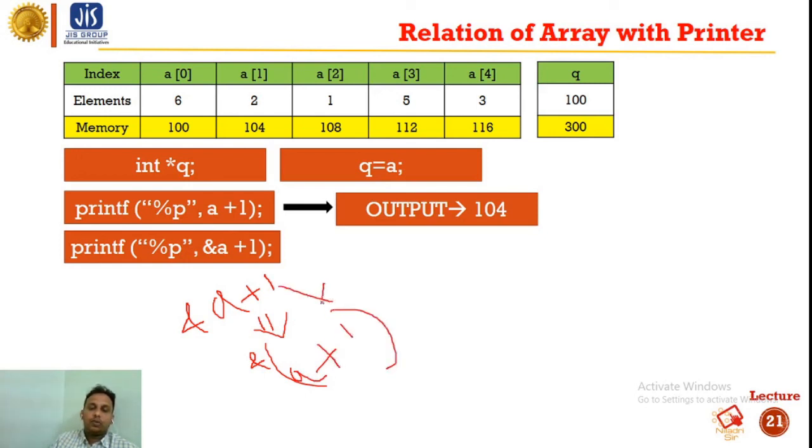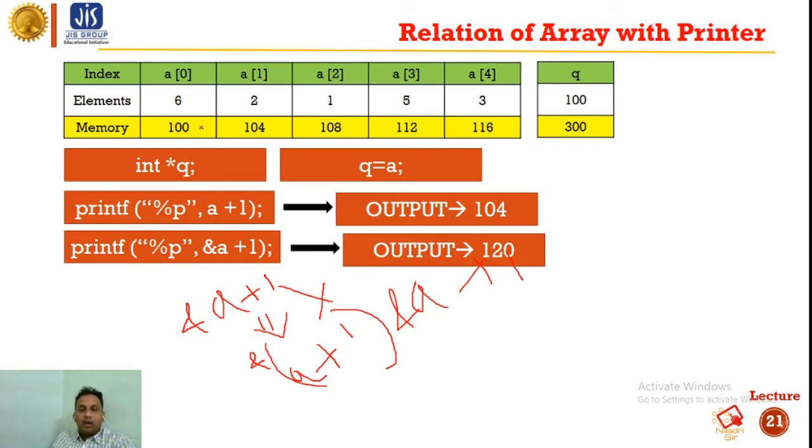This means ampersand a, then plus 1. So what will it be? Ampersand a means the address of a, which is 100. So 100 plus 1 means 104 or 120.